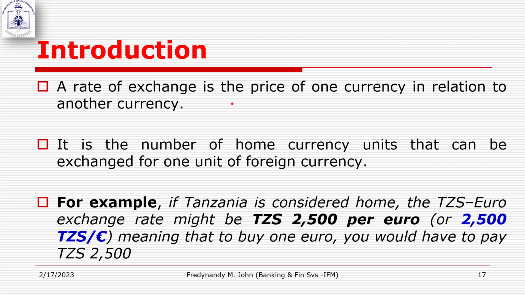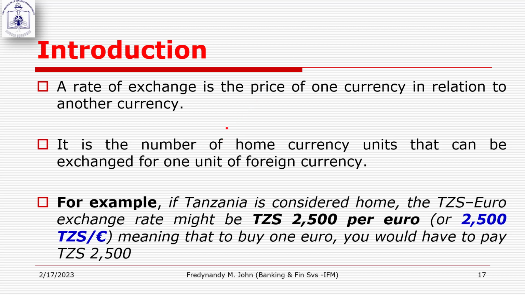We do not have an exchange rate of a single currency. An exchange rate needs to be between two different currencies. It means the amount of domestic currency that you will have to pay in order to acquire a single unit of another country's currency. That's what we call an exchange rate.